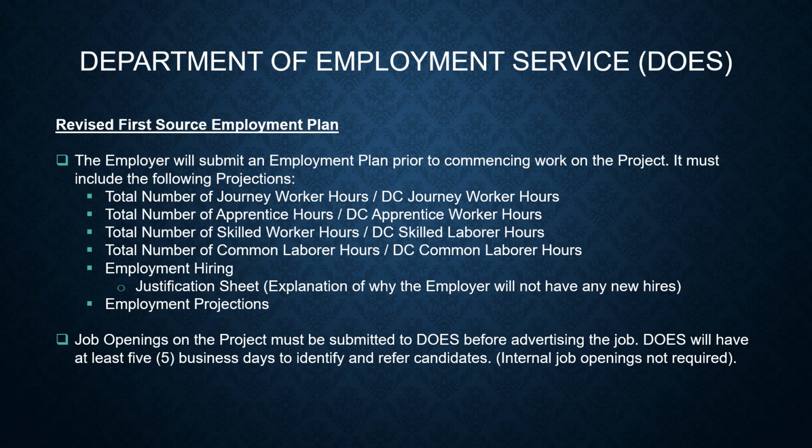If you will not be doing any hiring, you must complete the justification sheet found on the employment plan and explain to DOES why you will not be hiring any new employees on the project.